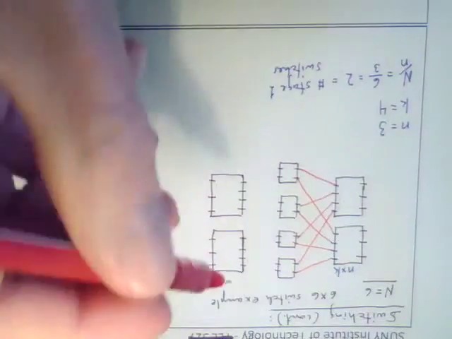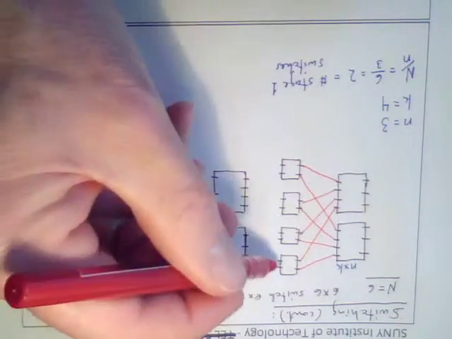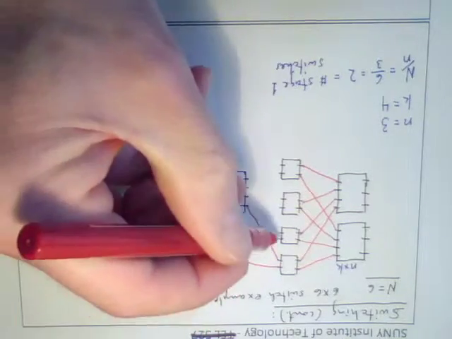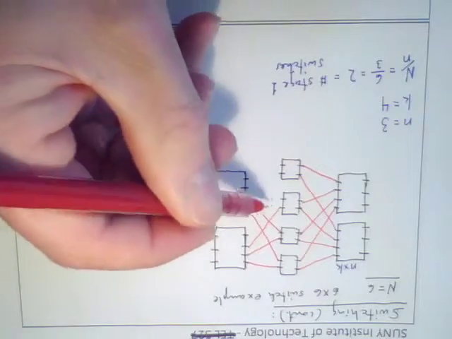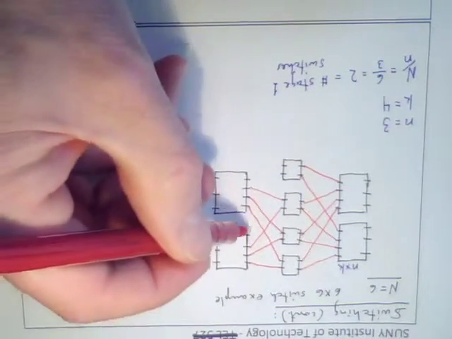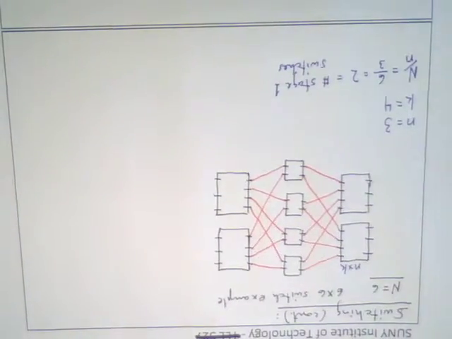And same thing on the way back out, okay? And the output is always symmetric with the input. So top to top, second one down to second one down, third one down to third one down, and bottom one to bottom one, okay? So this is how these things are hooked up.